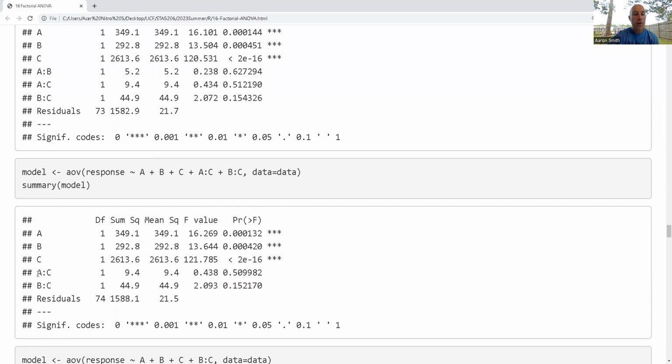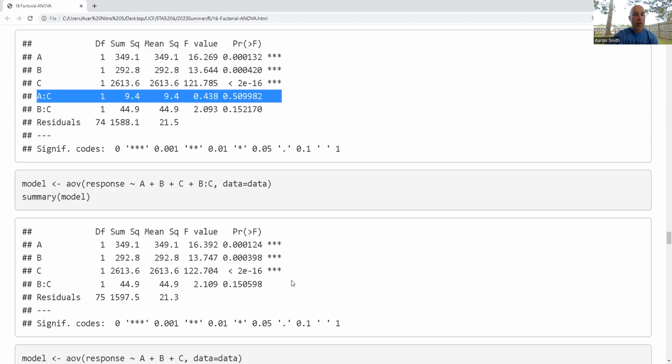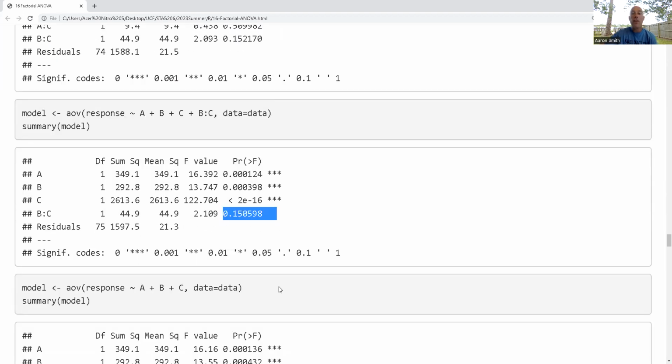All right, so I look here and I say, you know what? I should probably remove AC from there. It's my initials. Now I remove it, and you'll notice that once again, this p-value has gotten smaller, but I still feel like I need to remove it. So I've concluded at this point that I might want a main effects only model for this data.